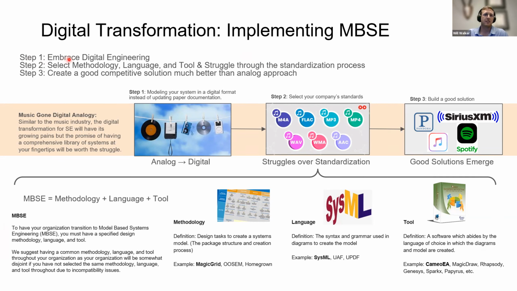First we have to embrace digital engineering, which is a huge shift in culture. Then we have to select the methodology, language, and tool, and struggle through the standardization process. Then we'll create a good competitive solution, which is much better than the analog or paper document-based approach. So this is step 1, this is step 2, and this is step 3.